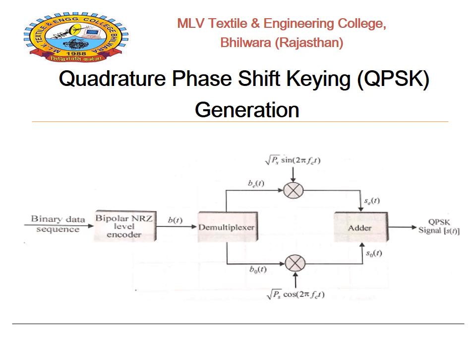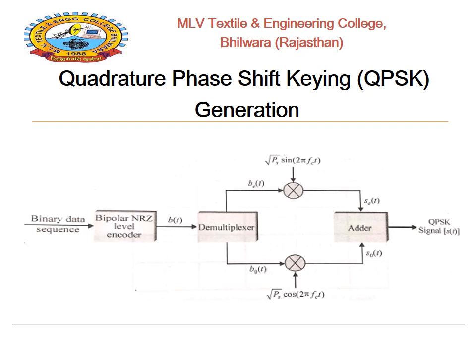The upper part b_e(t) is given to the multiplier, also known as the balanced modulator, where it is multiplied with the sinusoidal component sin 2 pi fc t. Here fc is the carrier frequency component, in sinusoidal form.